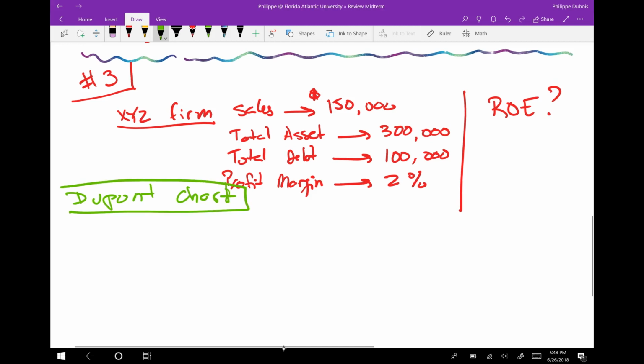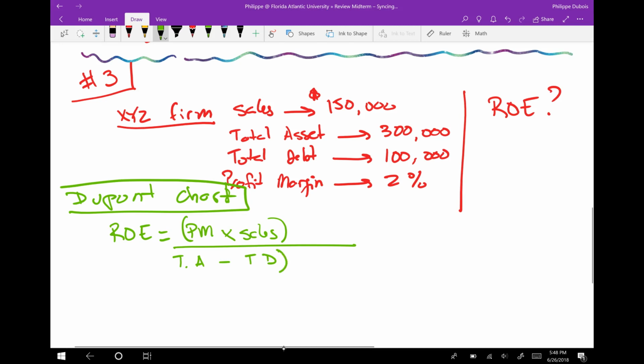Based on the DuPont chart, the return on equity is simply your profit margin times sales all over total asset minus total debt. Simple as that.